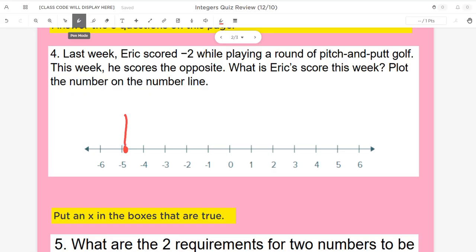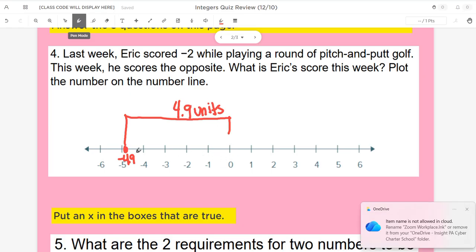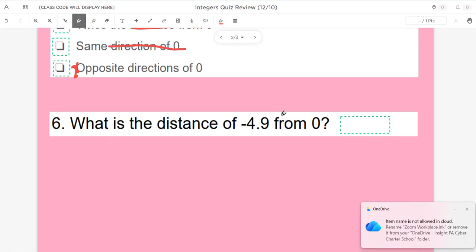So it wants to know how far it's away from 0. -4.9 would be 4.9 units from 0. So it's 1, 2, 3, 4, and then 0.9, 4.9. So we're going to write that.